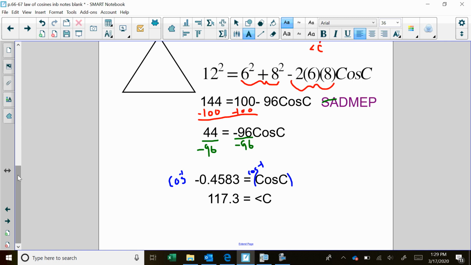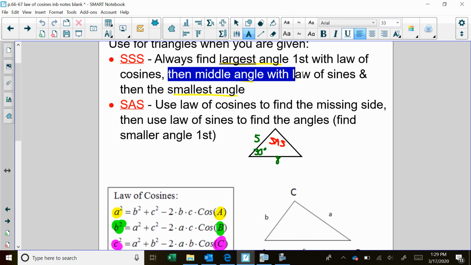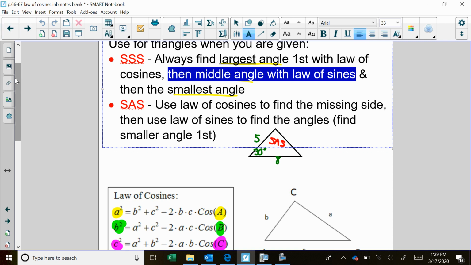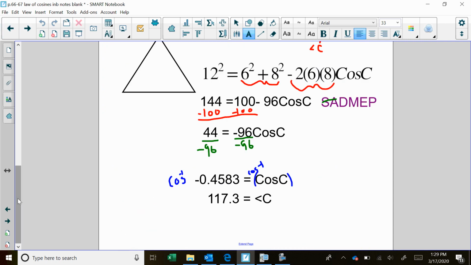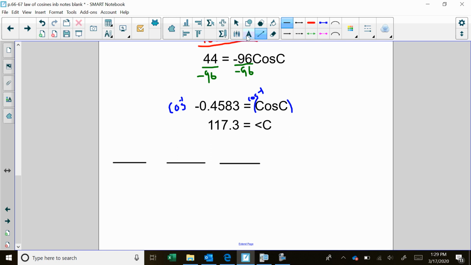From here, you are supposed to find the middle angle using law of sines. So you go back to what you were doing the past couple of days. You set up a proportion with a couple equal signs.